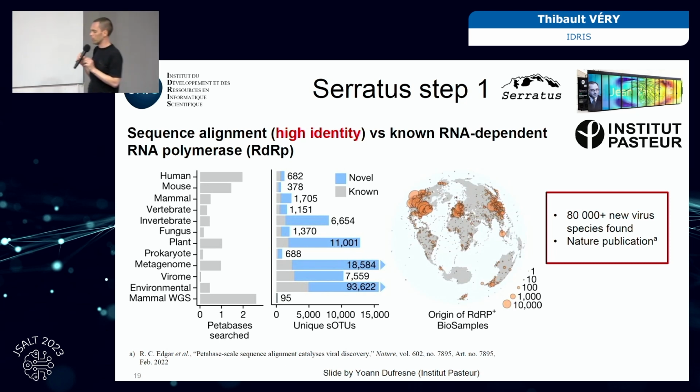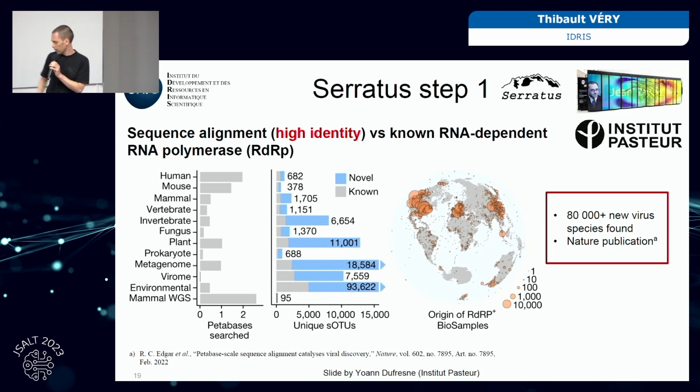The first step is done, and what they are trying to look at is a protein called RNA-dependent RNA polymerase, and it's a protein that is very important for the RNA viruses, because it's one of the proteins that is used to hijack the cell to produce the virus.